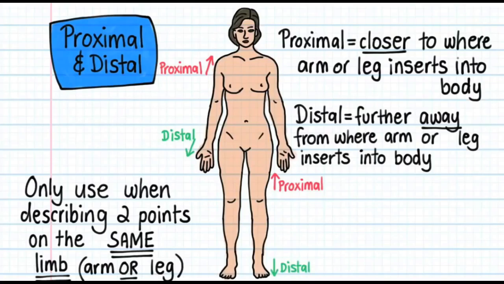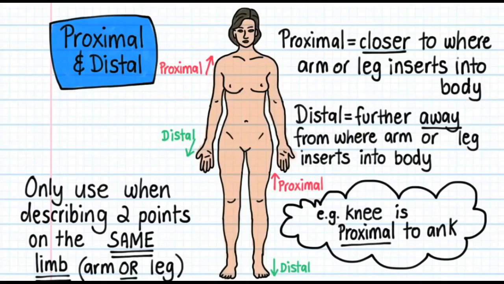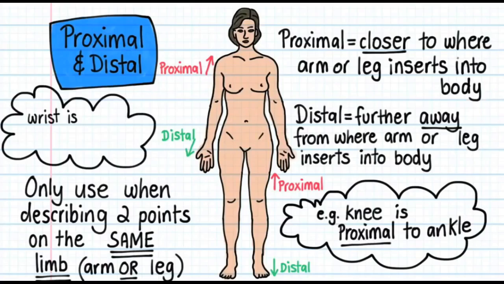We can use the terms proximal and distal in the following ways. On the leg, the knee is proximal to the ankle because the knee is closer to where the leg inserts into the body. But on the arm, the wrist is distal to the elbow because the wrist is further away from where the arm inserts into the body.